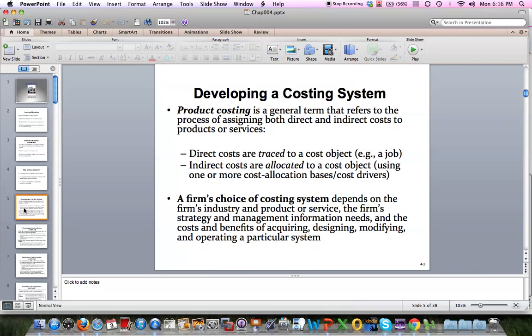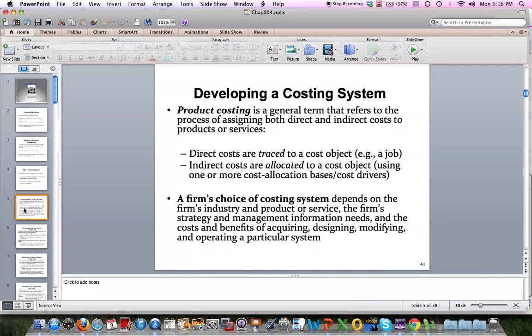If it's a job that we're manufacturing for somebody, if it's a desk, whatever it is that we're doing, we know we can directly allocate that. Okay, everything else then is indirect. And we're going to allocate indirect costs to cost objects using some cost allocation bases and cost drivers. And we'll talk about those more later during this chapter.